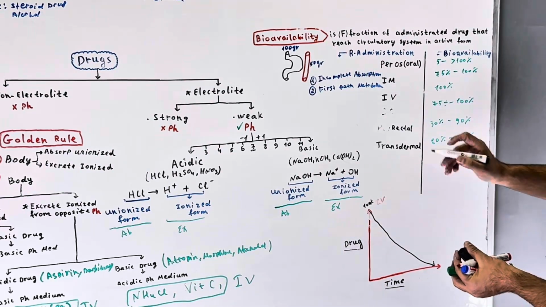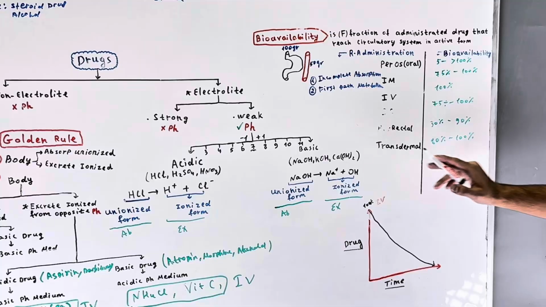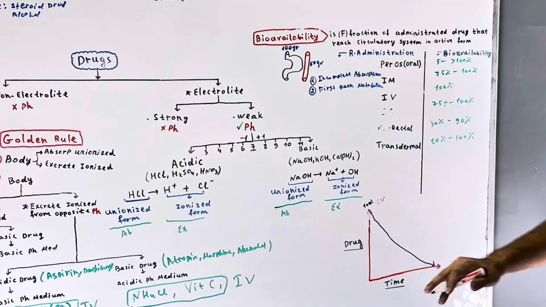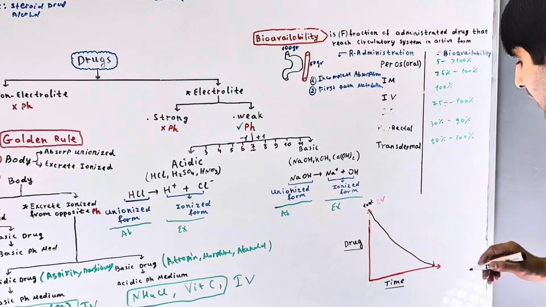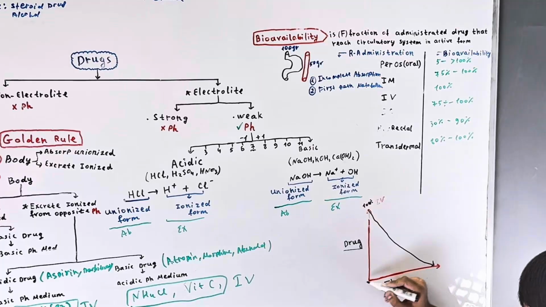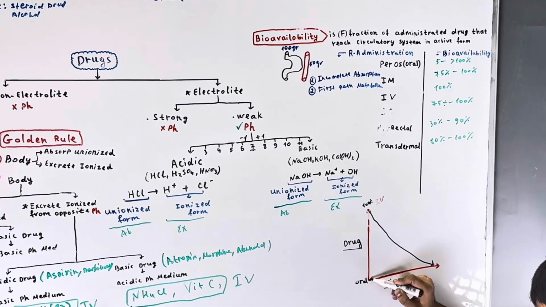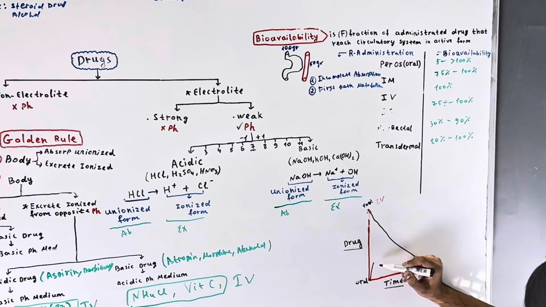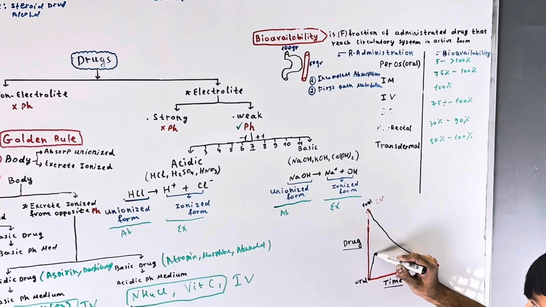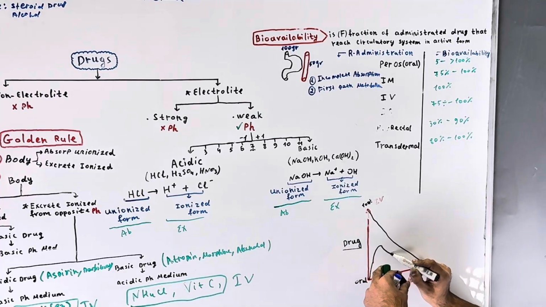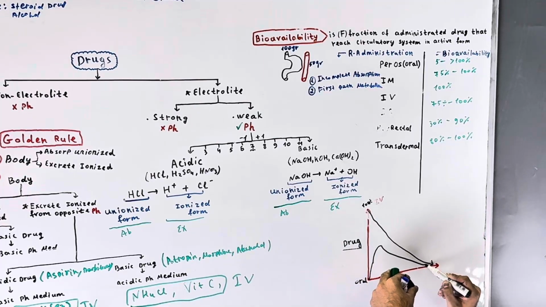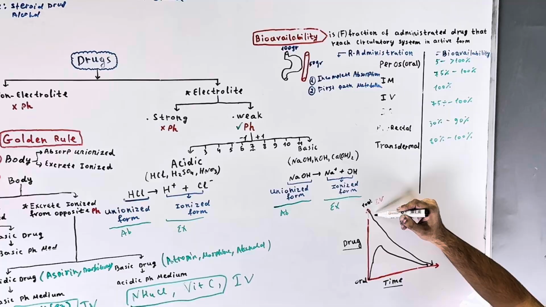Now I will draw here for the per os route how its bioavailability can be shown in this diagram. For example, this is the oral type of the drug. When we take it and it is absorbed, it causes the pharmacodynamic effects and provides its actions. Then again it decreases. It can never go to 100%.